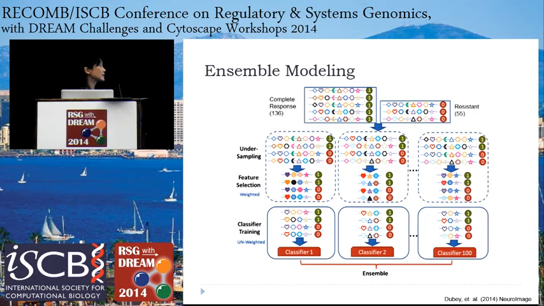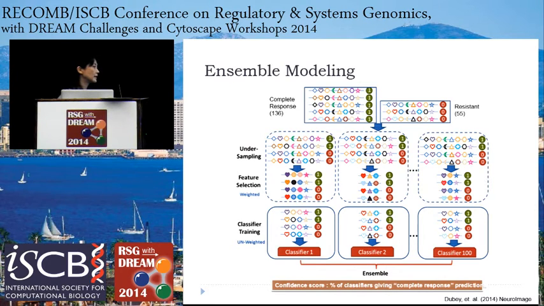This subsampling, feature selection, and classifier training step was repeated 100 times. So at the end, I have 100 random forests, and they compose an ensemble model. For a given sample, I would run that sample through all 100 classifiers and count how many of those models predict this particular sample to have a complete response.